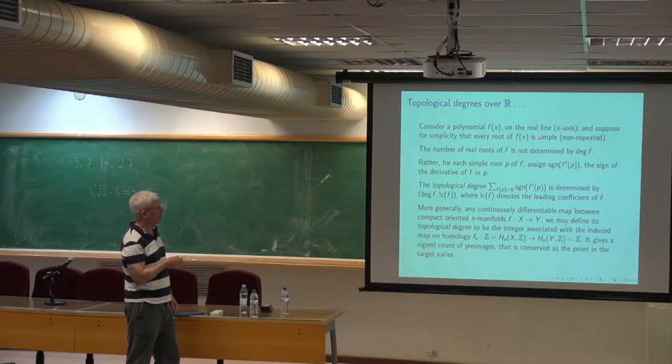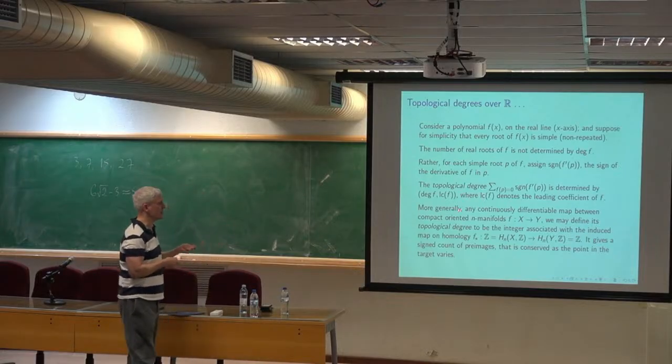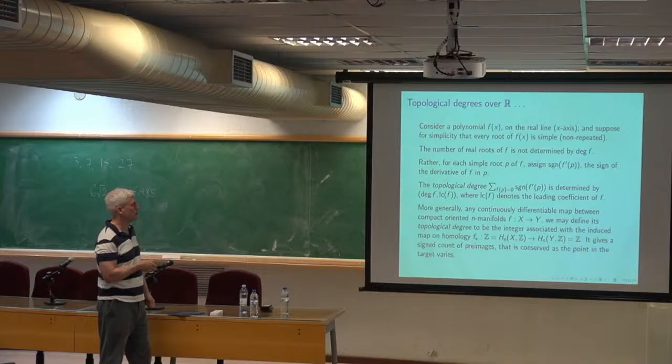If you sum these signs together, the signs of the derivatives at the zeros, you end up with the simplest instance of what's referred to as a topological degree, which in this case is completely determined by the degree of the polynomial, namely whether it's even or odd, together with the leading coefficient.